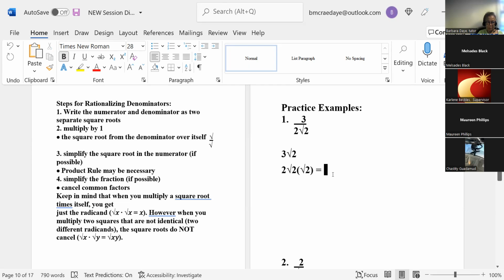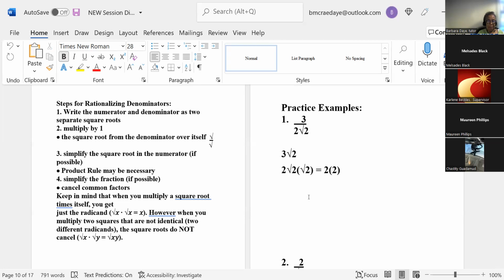No, right here. I'm only doing this one. The numerator is going to stay the same. I multiply it by square root of 2, and that stays the same. The denominator, I put 2 times square root of 2, multiply it by square root of 2. What is that equal to? Square root of 2 times square root of 2 is just 2. So that's going to be 2.